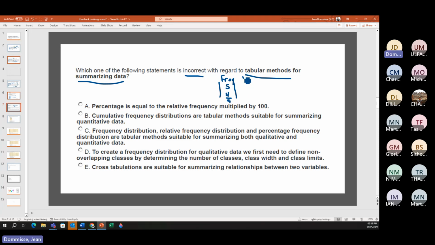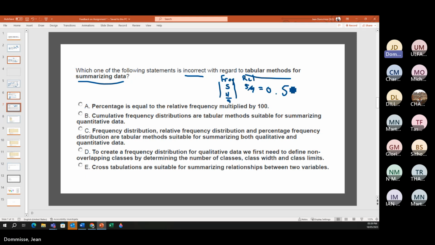A relative frequency then is 5 divided by 9, which gives 0.56.